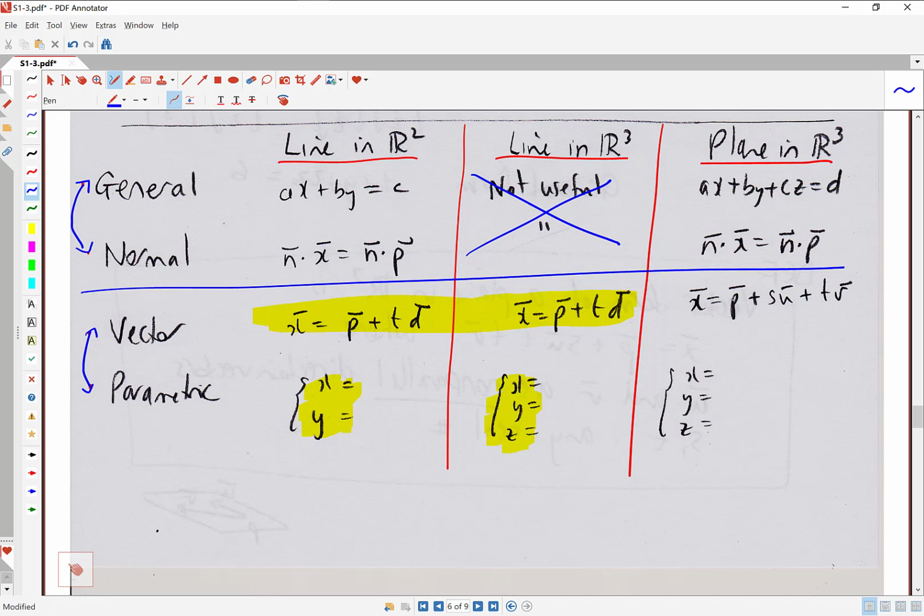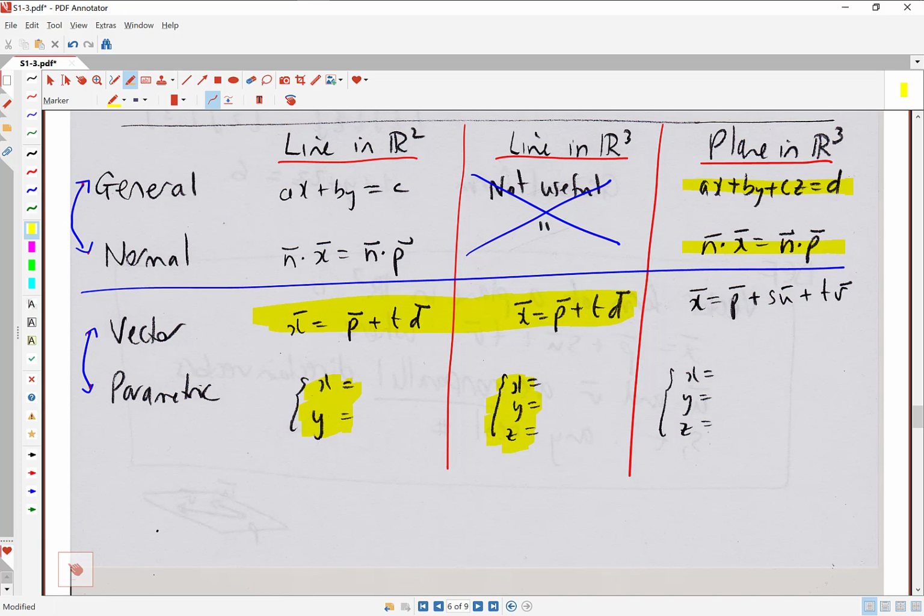Okay, and then let's jump over to planes in R3. If you wanted the general form for a plane, it's just an equation where you write all your variables on the left side. So ax plus by plus cz equals d. And you could re-express that in normal form just by bringing the normal vector into the discussion. So the normal vector being the vector that's perpendicular to that plane.